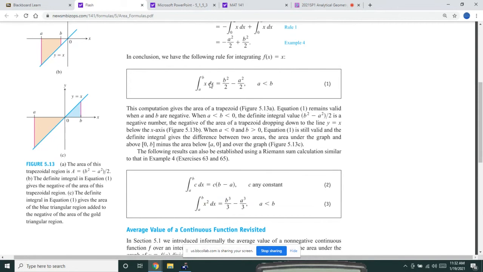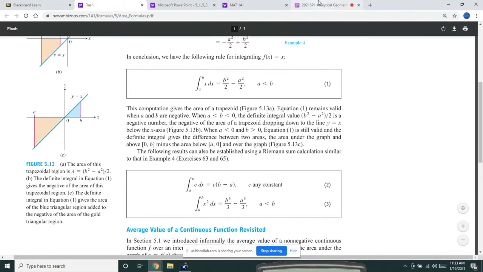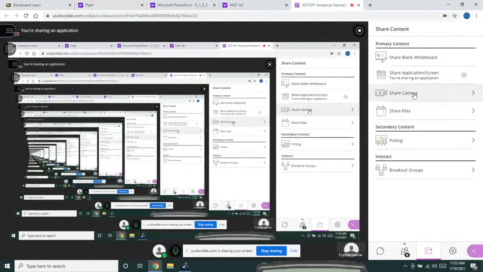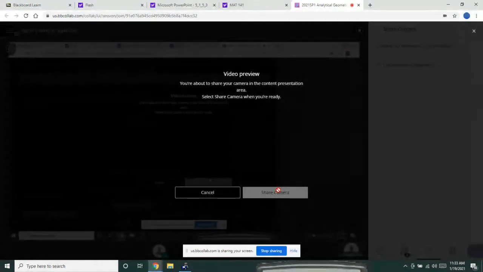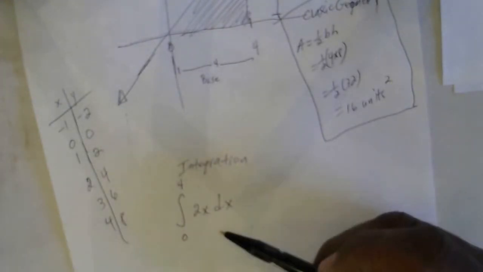All right, so I'm going to go back to our document camera, and we're going to use that formula here.